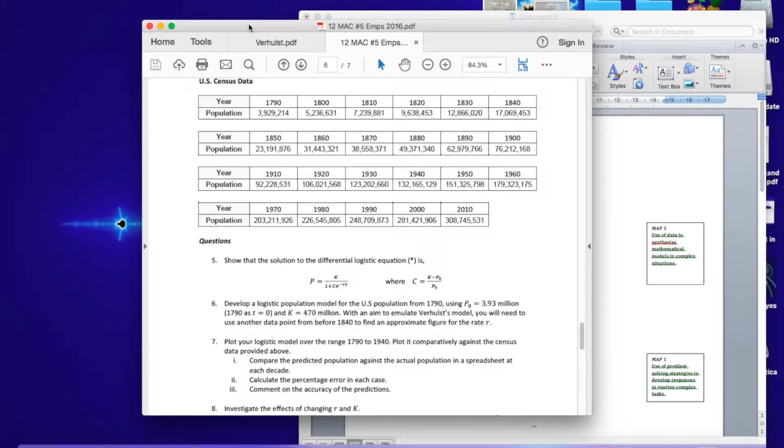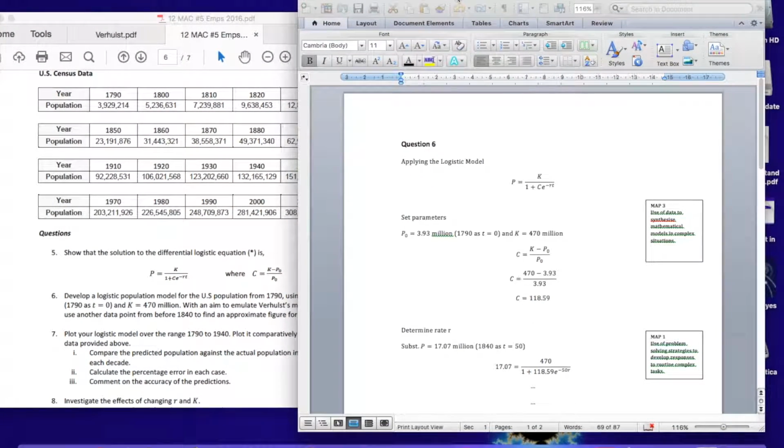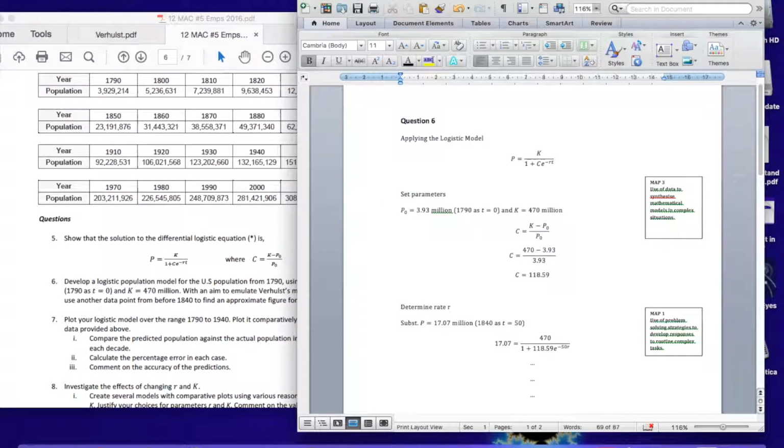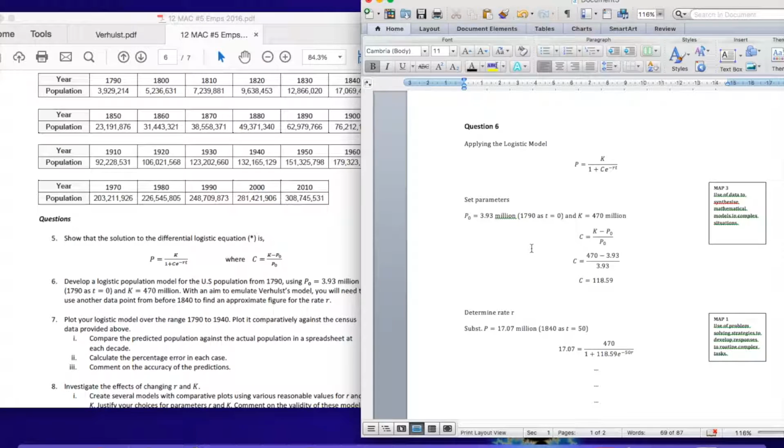So let's bring this over here for a second. So here's the logistic model that we figured out in question 5. Here are the parameters that are suggested here in question 6, so the initial population of 3.93 and the carrying capacity of 470. Now, using those 2 parameters, we can work out this C parameter.